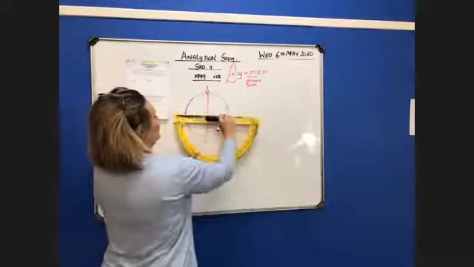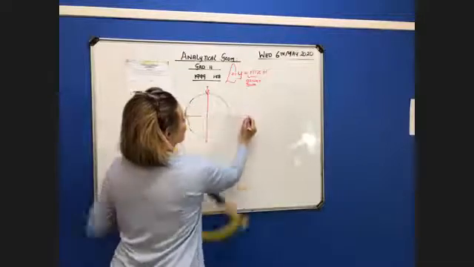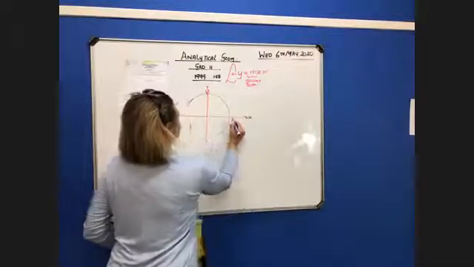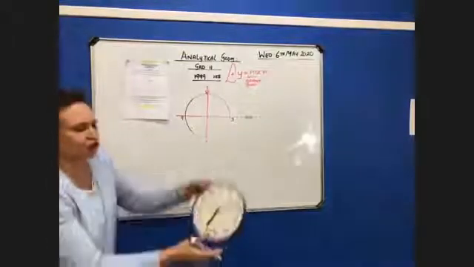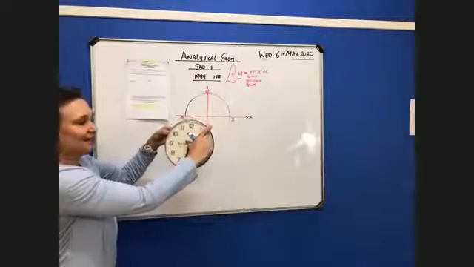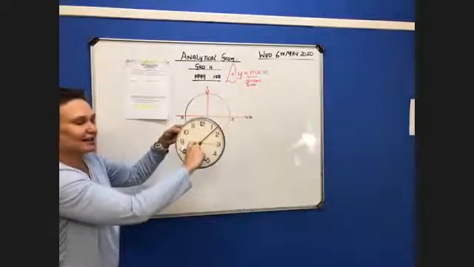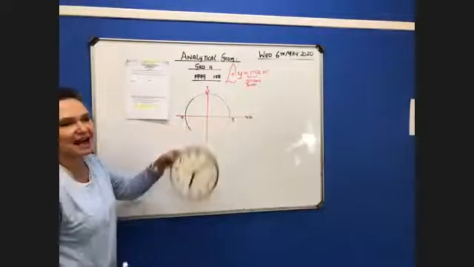And 9 o'clock and 3 o'clock are on the x-axis. So that would be 3, and that is 9. And then yesterday, I was just showing you what an analog clock looks like. There's a long hand and a short hand. And the long hand is the minute hand, and the short hand is the hour hand.